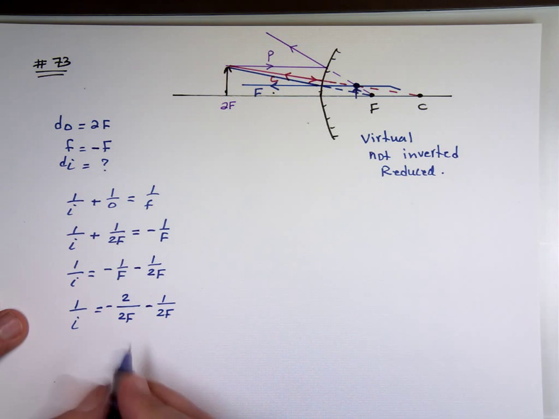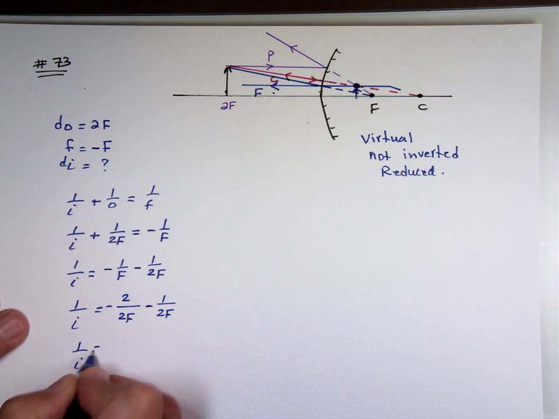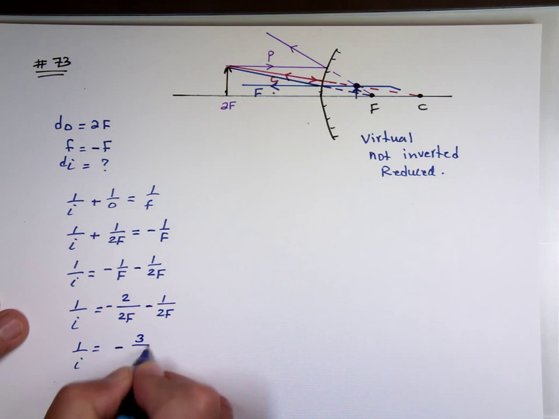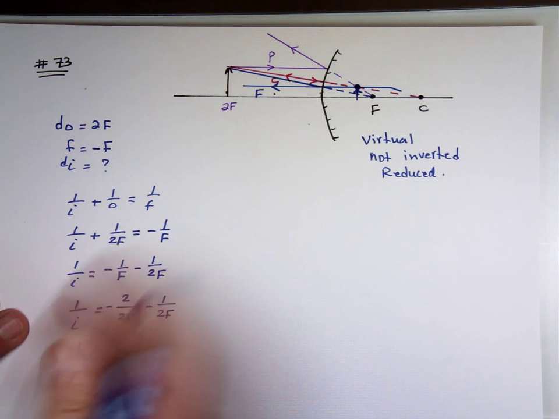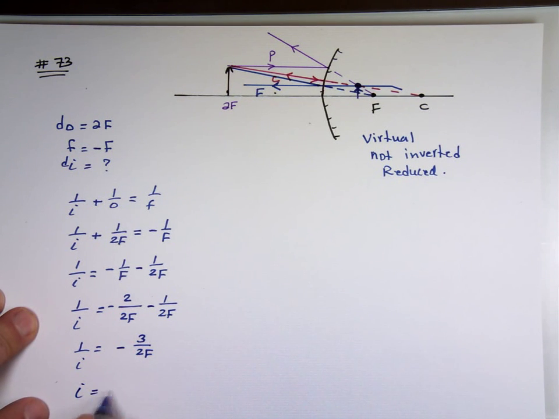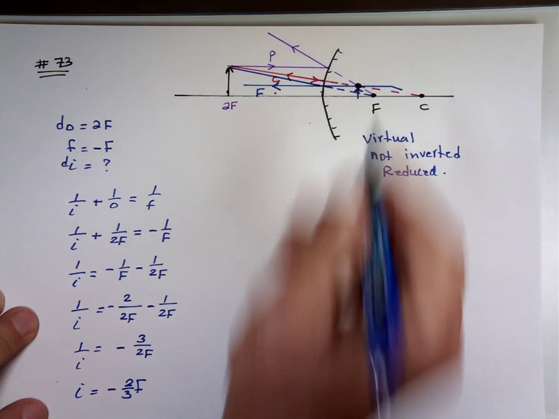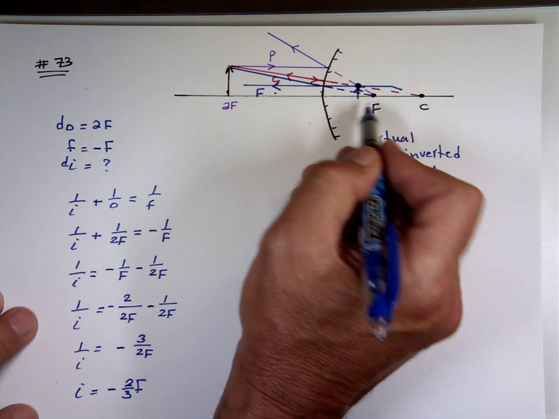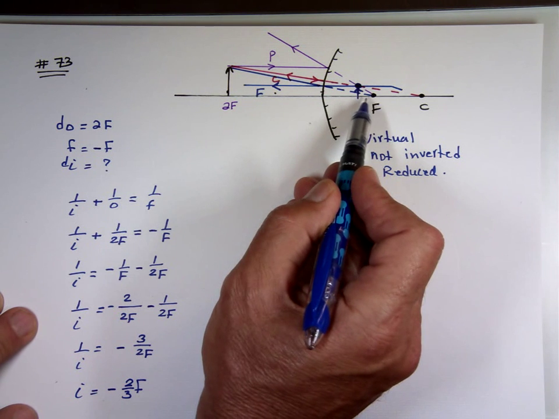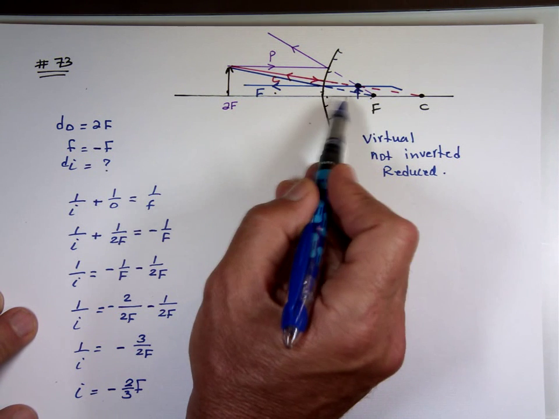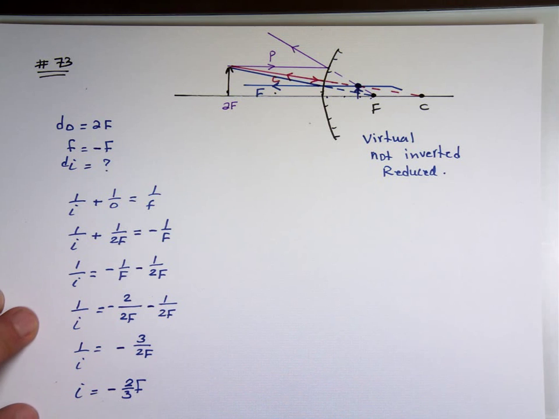One over I is going to be negative 3 over 2f, and to get I, we flip that. I is going to be negative 2/3 f. Notice it is inside f, 2/3 of the way, and it shows about 2/3 of the way. If you take that distance, cut it in 3, 1, 2, 3, that's where it landed. 2/3 of that distance.